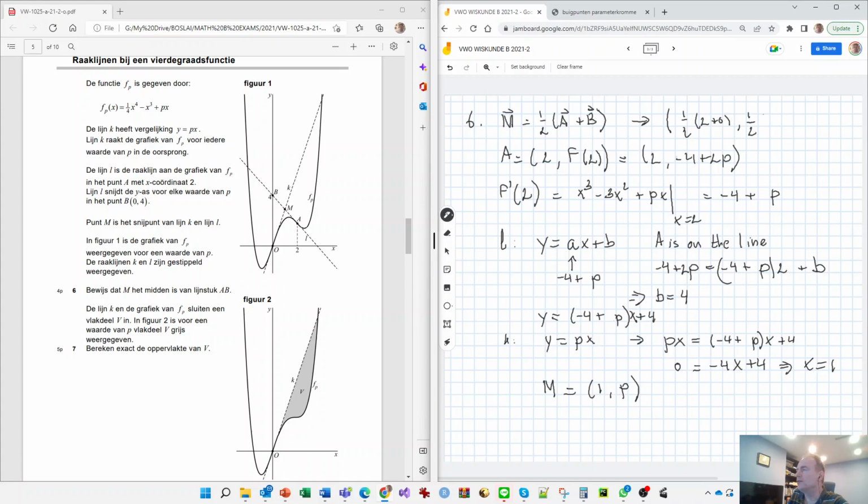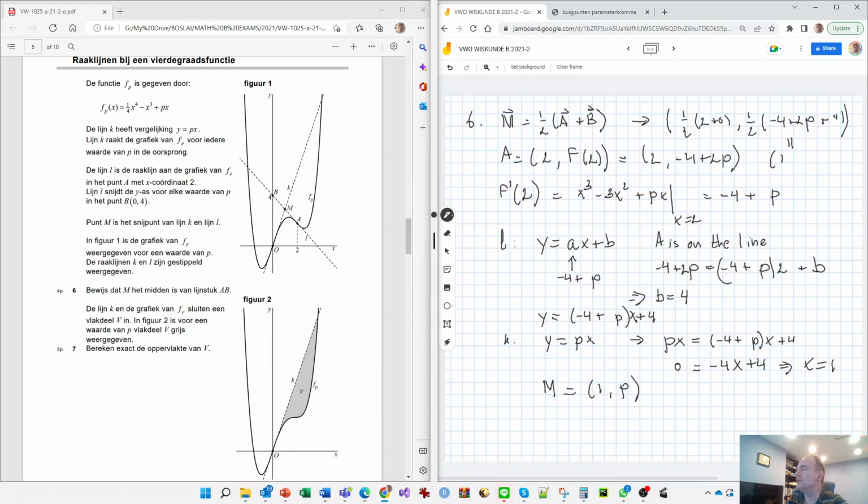I get 1/2 times, and now the y coordinate of A, which is minus 4 plus 2p, plus the y coordinate of B, which is 4, and this is equal to 1 times minus 4 plus 4 is 0.